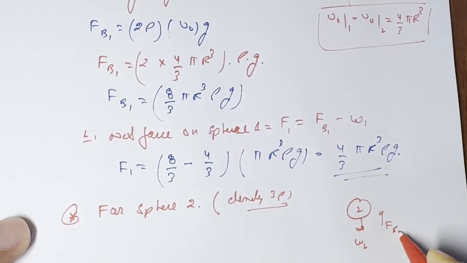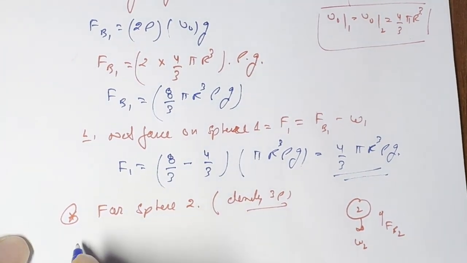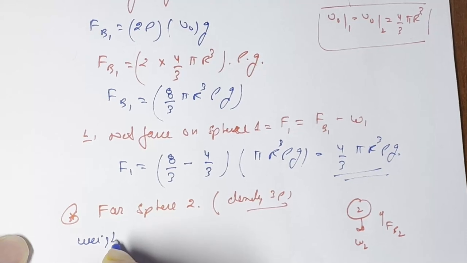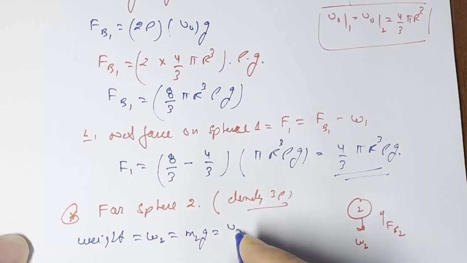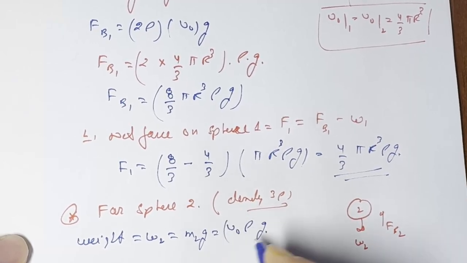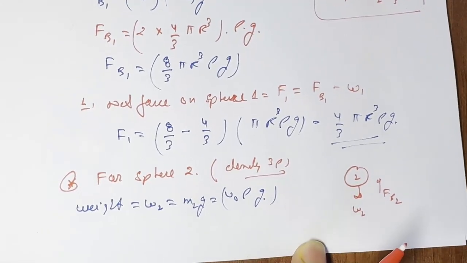Upward we have FB2, the buoyant force. And weight W2 will be equal to M2 g, which will be equal to V0 rho multiplied by g, and the volume is the same, that is 4 by 3 pi r cube.